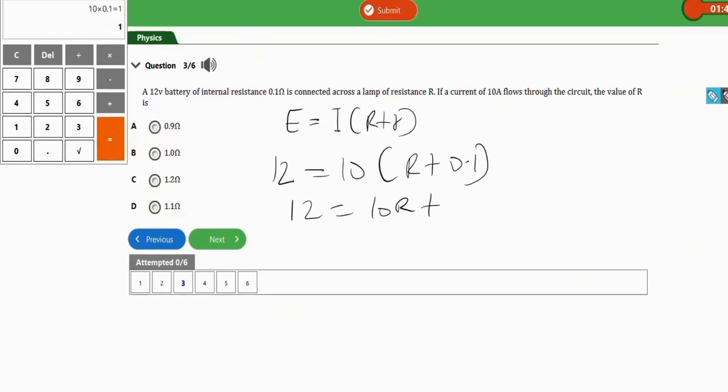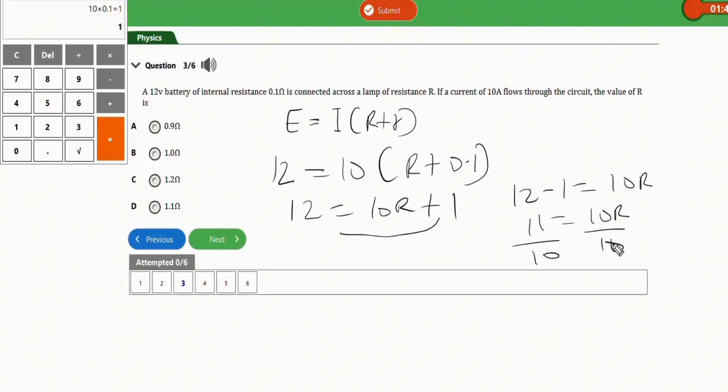So plus 1. Collecting like terms, this 1 crosses over and changes to negative. So we're going to have 12 minus 1 equals 10R. We have 11 equals 10R. Divide both sides by 10. So our R will be 11 divided by 10. Basically, it gives you 1.1 ohms. And that will be the answer to this question.